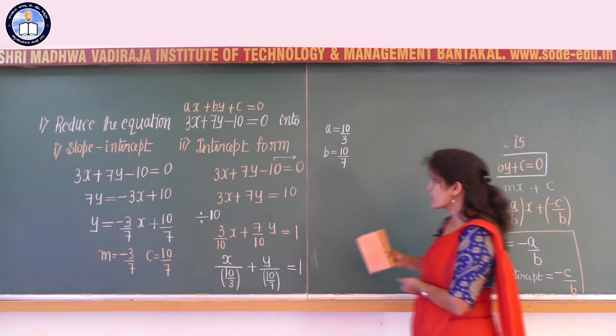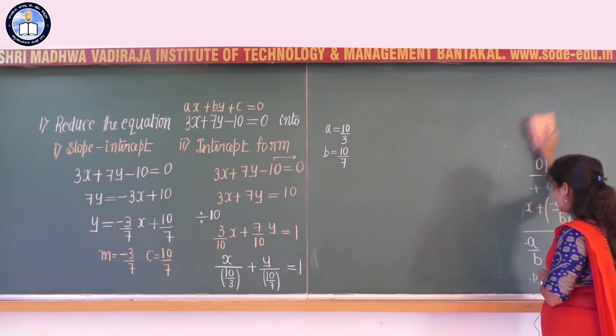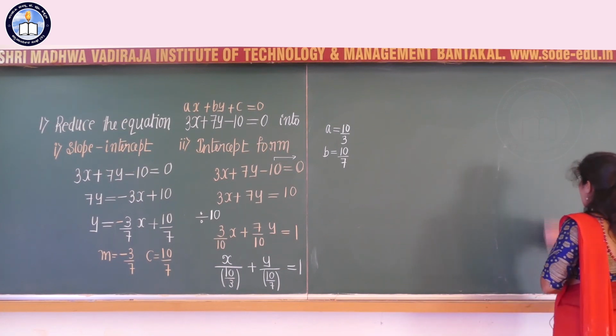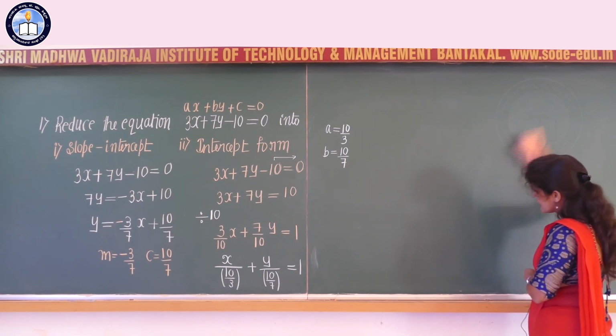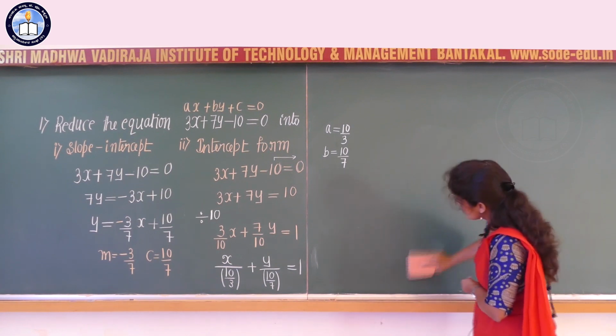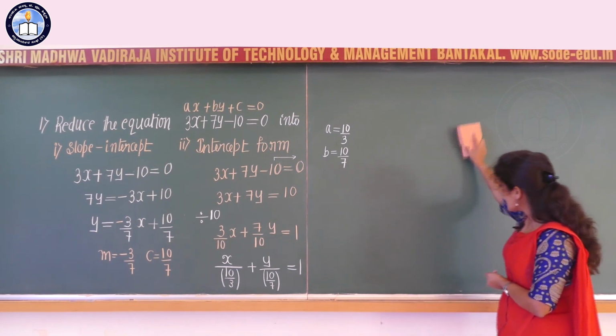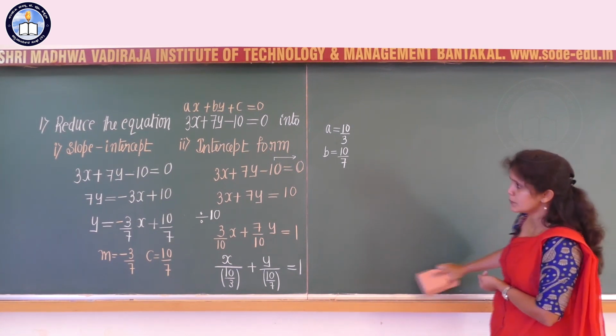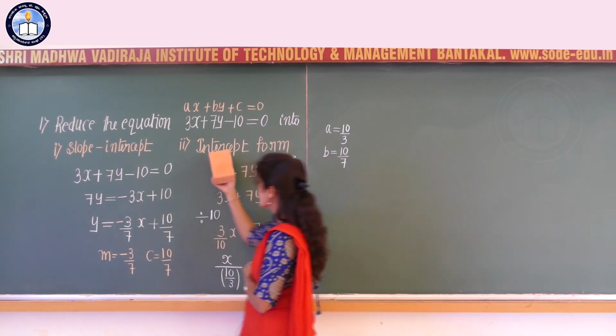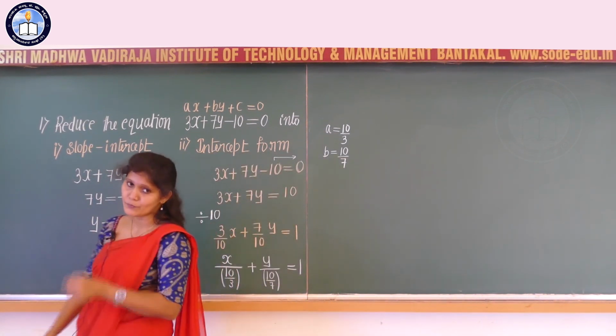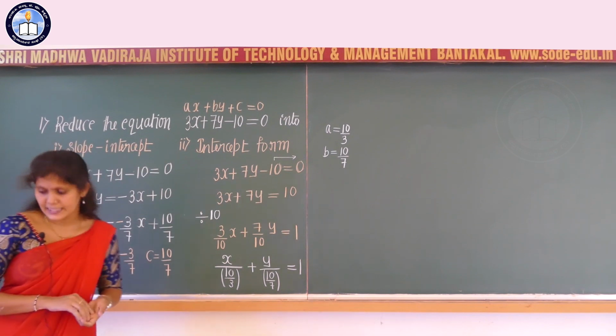So a value is equal to 10 by 3 and b value is equal to 10 divided by 7. That is nothing but we have reduced the given equation ax plus by plus c equal to 0 into the slope intercept form and the intercept form.